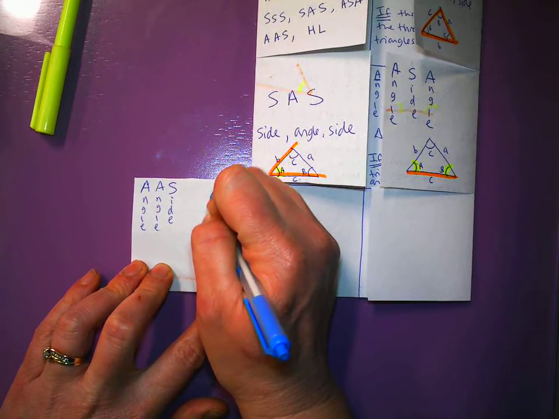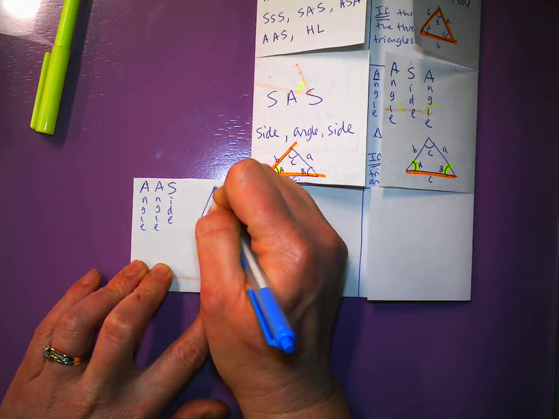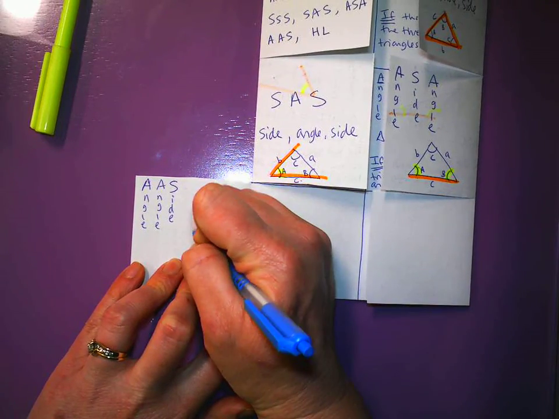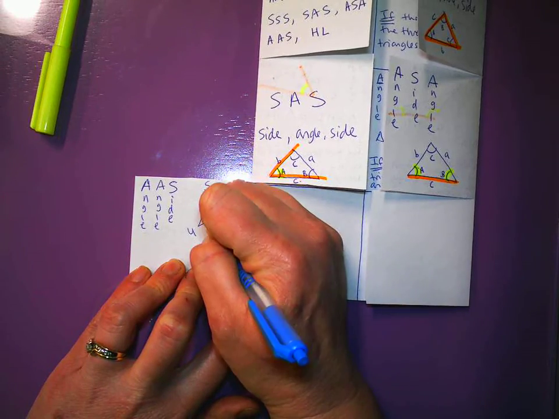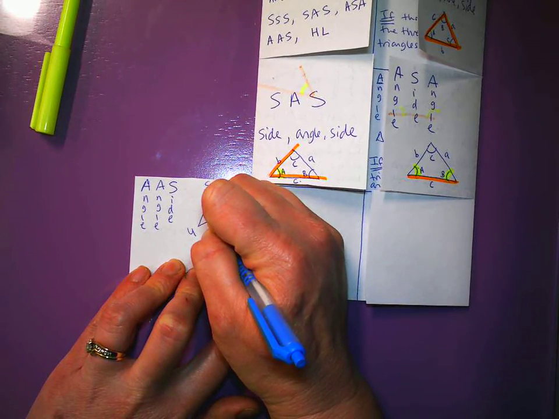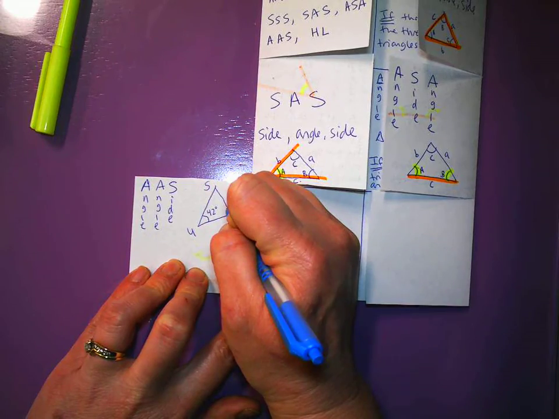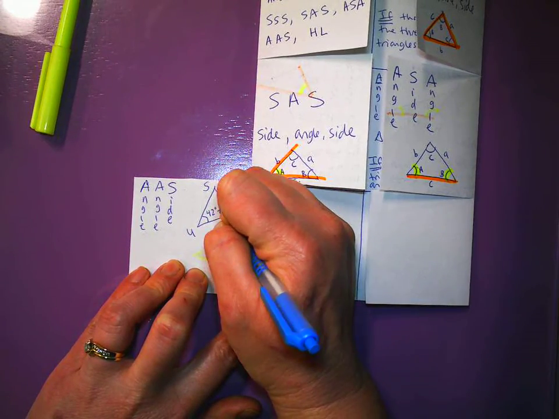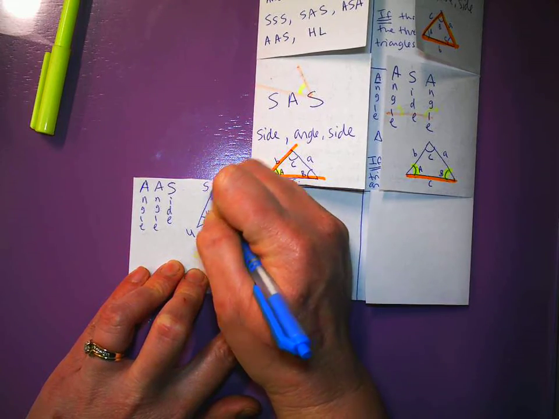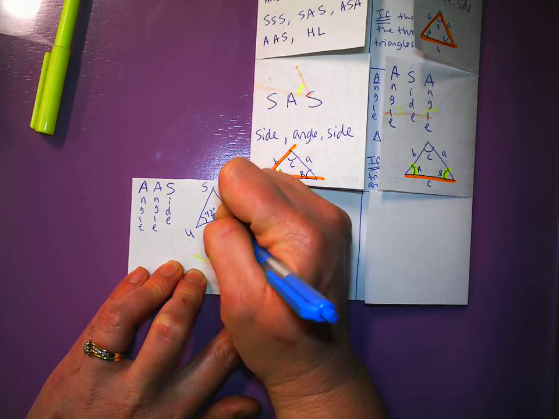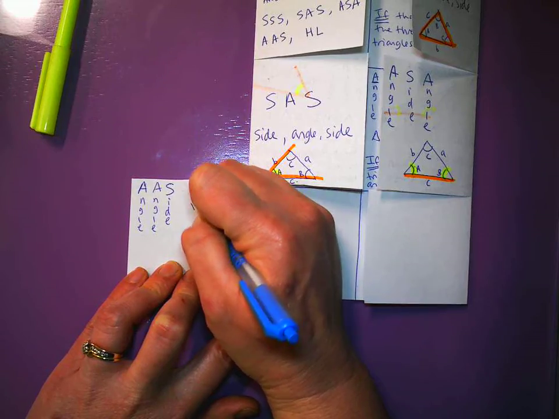So we have angle, side. So here is one triangle, and this is STU. Angle U is 42 degrees. Angle T is 76 degrees. And the side over here between angles S and U, side SU, is 15.